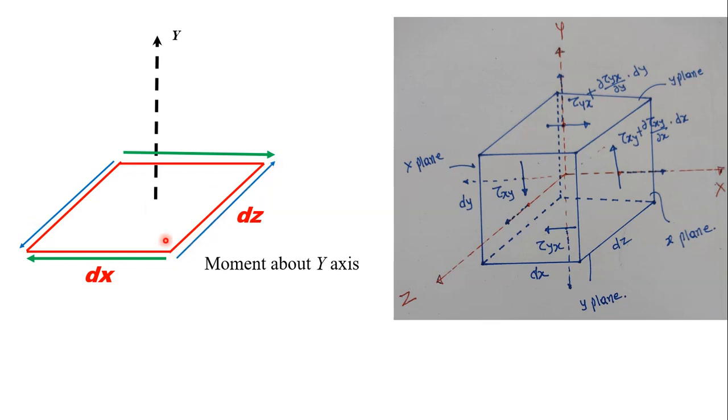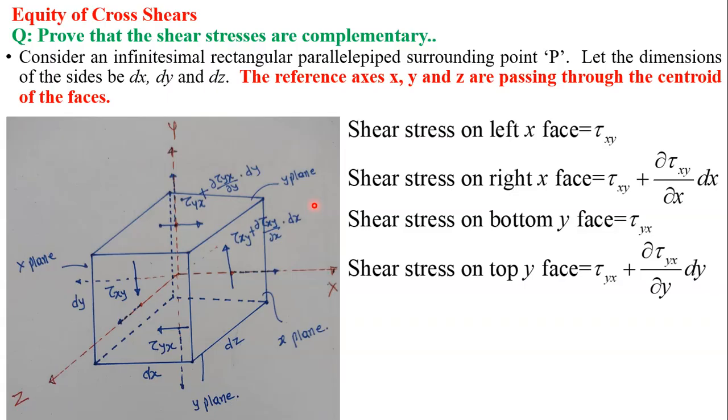These blue color arrows are showing the shear stresses. Green color arrows are also showing the shear stresses. And in this way, shifting the origin to the CG of the element will eliminate the effect of normal stresses. Only shear stresses will be there.